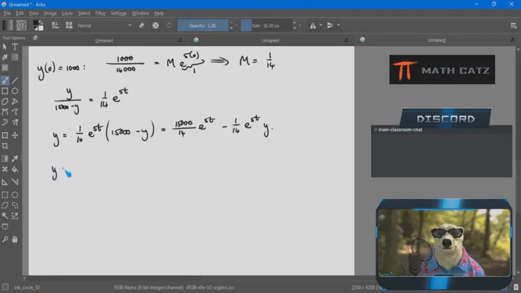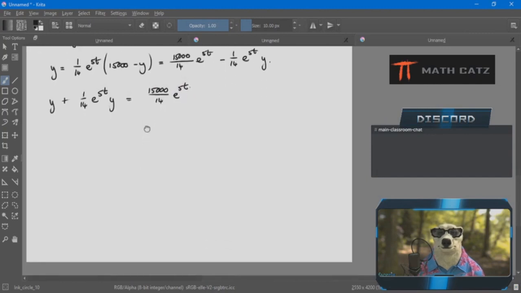So then I have to take the y term to the other side. That is a 14. It doesn't look like it. There we go. e to the 5t y equal to my 15,000. It's a little tedious, but in the beginning, it's good to understand how you get to that general formula.